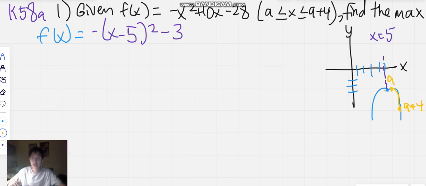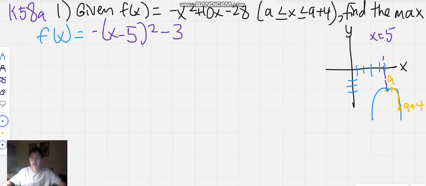So the maximum is just f of a from that point on. And if you shift your interval even more to the right, your maximum is still going to be f of a, because f of a is always going to be higher than f of a plus 4 as long as a is greater than 5, so past the vertex.